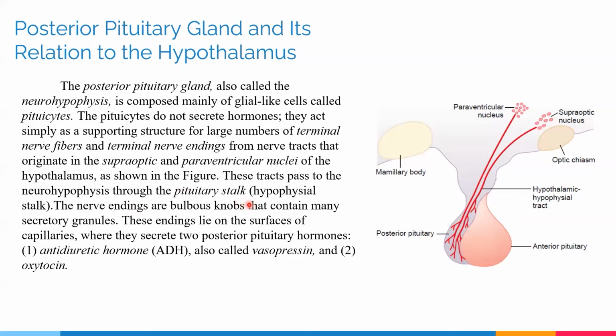It is also known as the hypophyseal stalk. The nerve endings are bulbous knobs that contain many secretory granules. These endings lie on the surfaces of capillaries where they secrete two posterior pituitary hormones, which are the antidiuretic hormone ADH, also called vasopressin, and oxytocin.